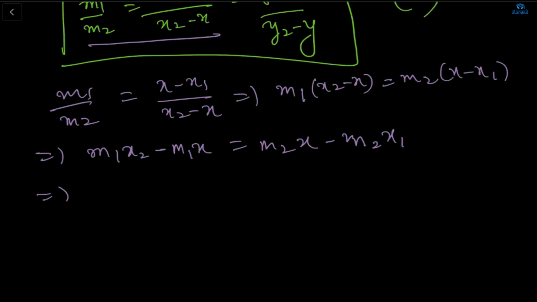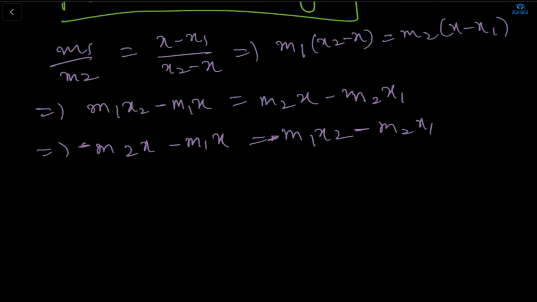So we are going to take M2X minus M1X is equal to M1 minus M2X minus M1X2 and M2X1.